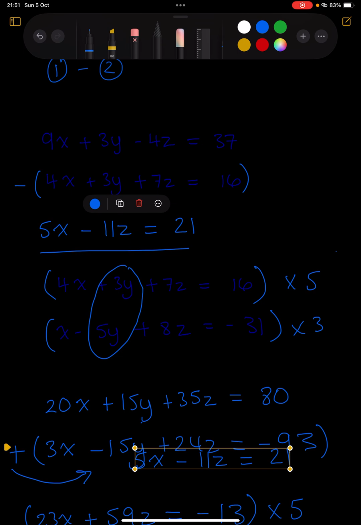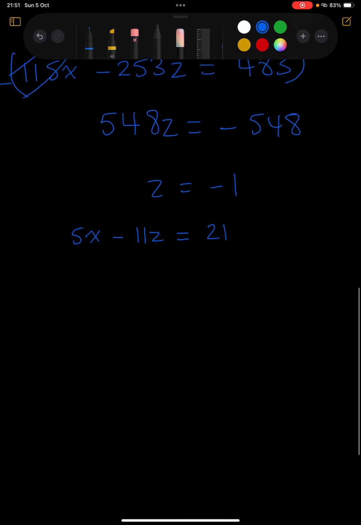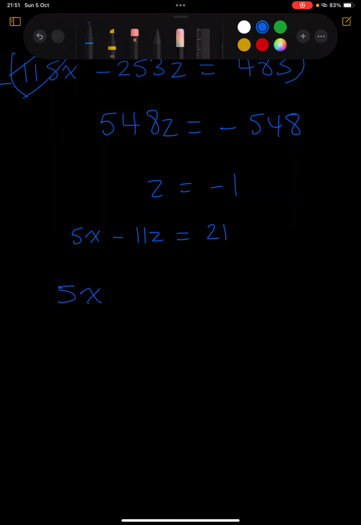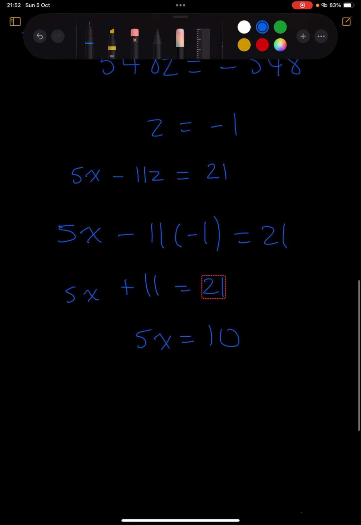Okay, there we go. And I'm just going to sub in minus 1. So we have 5x minus 11 times minus 1 equals 21. Minus 11 times minus 1 is going to be plus 11. So we have 5x plus 11 equals 21. We're going to subtract 11 on both sides. So we're going to end up with 5x is equal to 10. And therefore x is equal to 2.